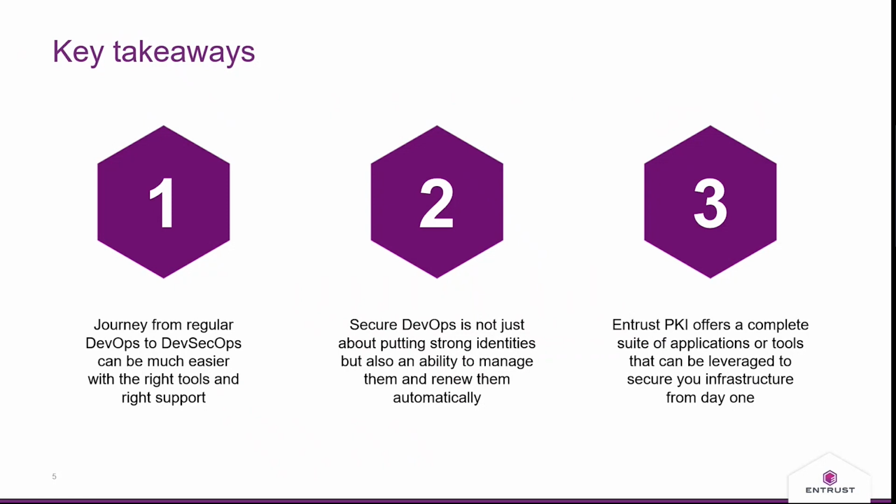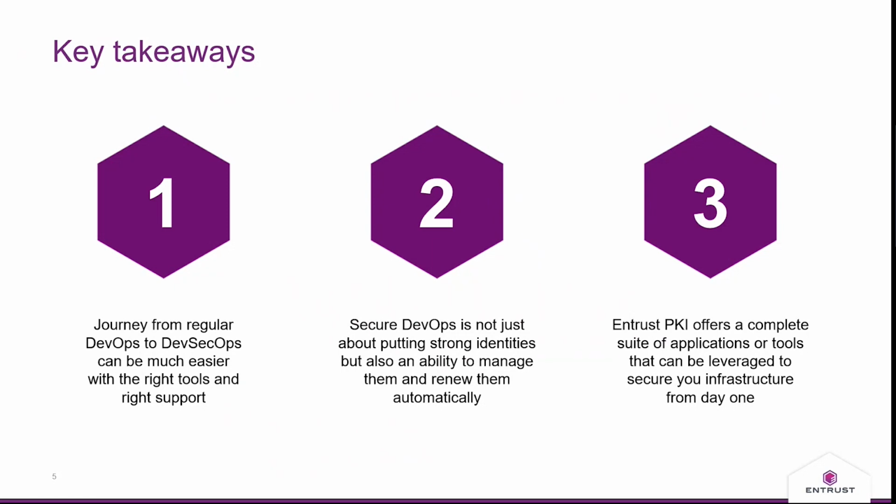So even if you are new to PKI, you can still make use of these tools using your existing knowledge of Shell, PowerShell, and Ansible, and you can still secure your infrastructure at the time of deployment itself.